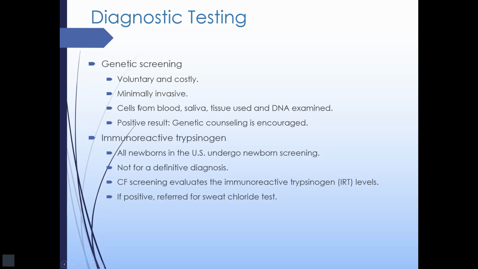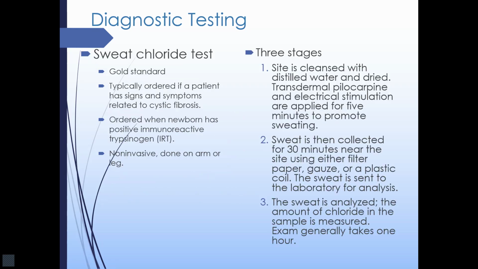It's minimally invasive because it can be done with cells from blood or saliva. They take the tissue and examine the DNA. And if there's a positive result, they suggest genetic counseling anyway. So moving forward, after either the newborn screening or the genetic screening, you have to move on to the sweat chloride test.